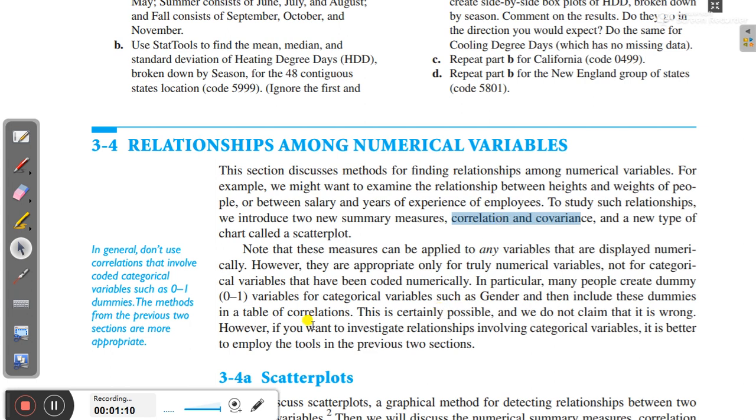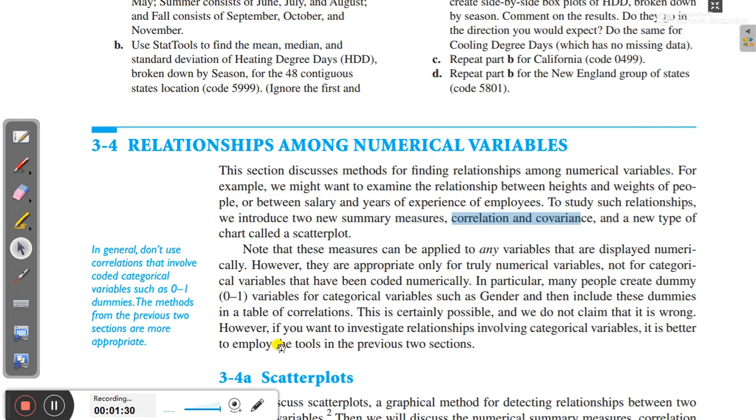But if you want to investigate relationships involving categorical variables, it is better to employ the tools in the previous two sections, the relationships among categorical variables or relationships among categorical and numerical variables.